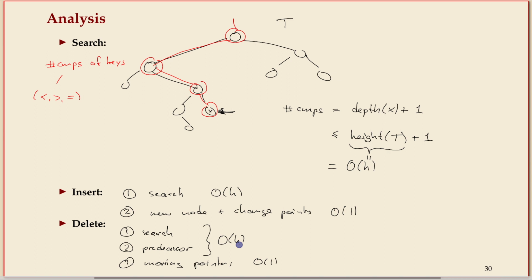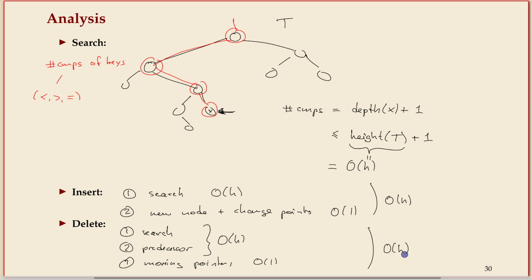Of course, we could have been lazy and said, search is at most big O of h. Predecessor is also at most the total height. So it would be 2 times the height, which in big O notation doesn't show up. The factor 2 is just swallowed. But if you want to count the number of comparisons precisely, it's bounded by the total height. OK. So in summary, this is also big O of h.